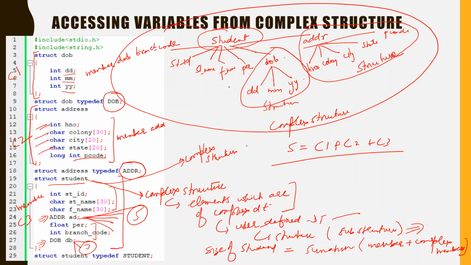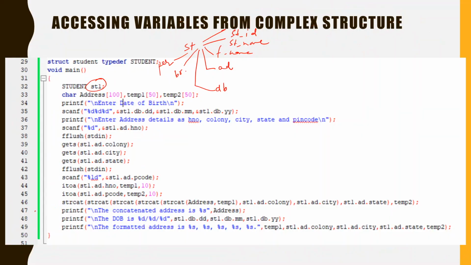AD is a variable for the address. In line number 24 you can see this. AD is a variable of type address and DB is of type date of birth. So AD is again going to have its own member variables, and DB is also going to have its own member variables. If we want to access any normal variable, we use st.stid.